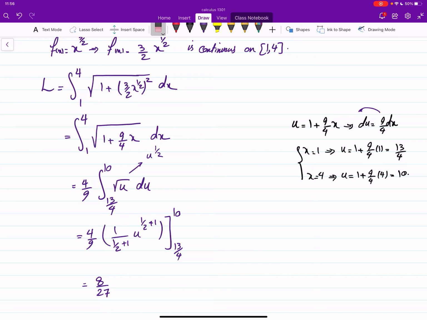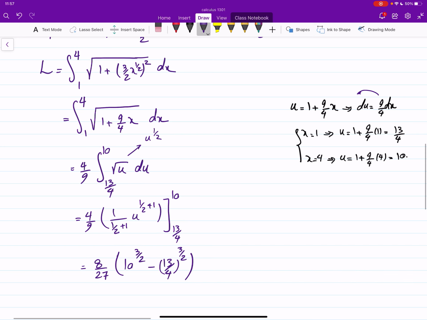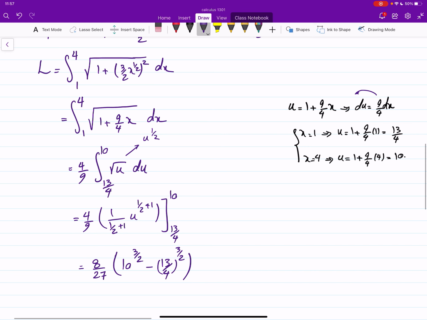Now let me just apply it: 10 to the power 3 over 2 minus 13 over 4 to the power 3 over 2. I'm not expecting you to be able to simplify all the work here, but you can go a little bit more. I will leave it like that, and that is the arc length that we were looking for.